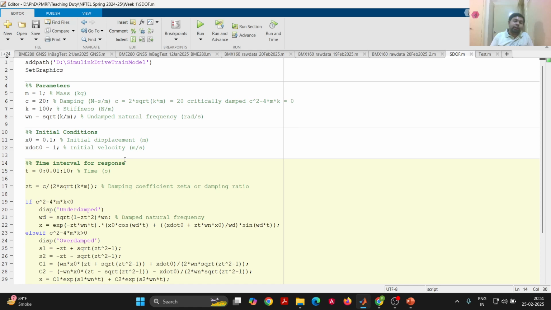Here we create a time array from 0 to 10 seconds with steps of 0.01 seconds.